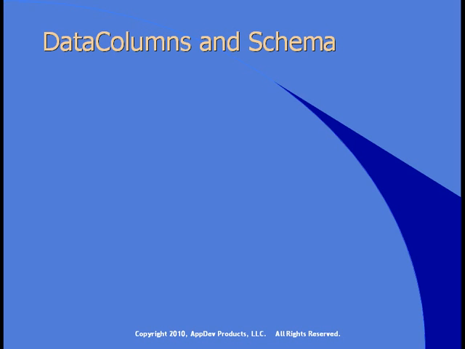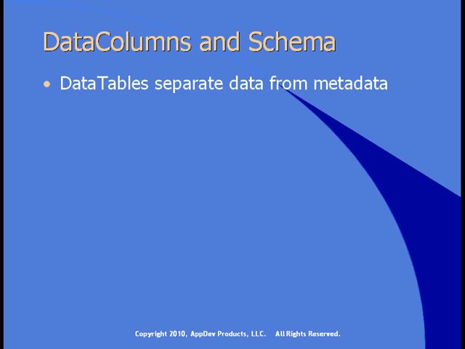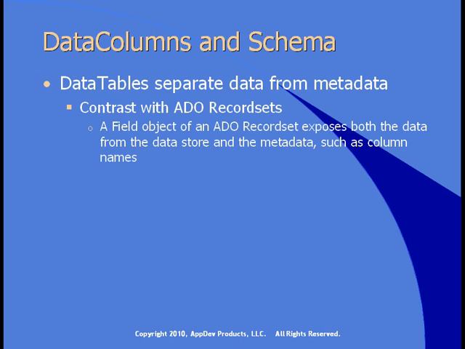Now, unlike other data structures you may have used, the data table separates data from metadata in two separate collections. Contrast that with ADO record sets, which stored the schema information with every column and every row. A field object of an ADO record set, way back when, exposes everything, including the data and the metadata, like column names and type.